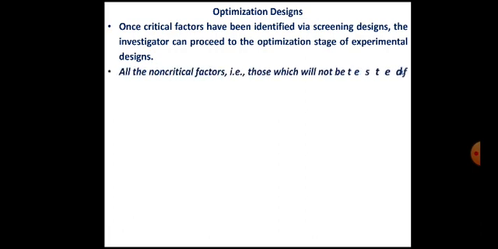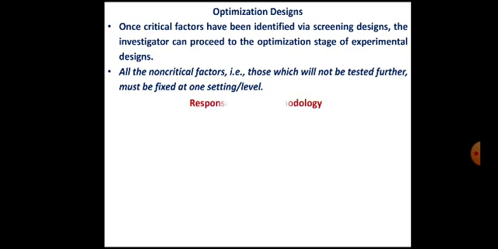So all the non-critical factors, that is those which will not be tested further, must be fixed at one setting or one level. That means only the factors which have been identified as critical, their concentration should be changed in the next experimental stages, whereas the concentration of non-critical parameters should remain constant because they do not have any effect on the response.